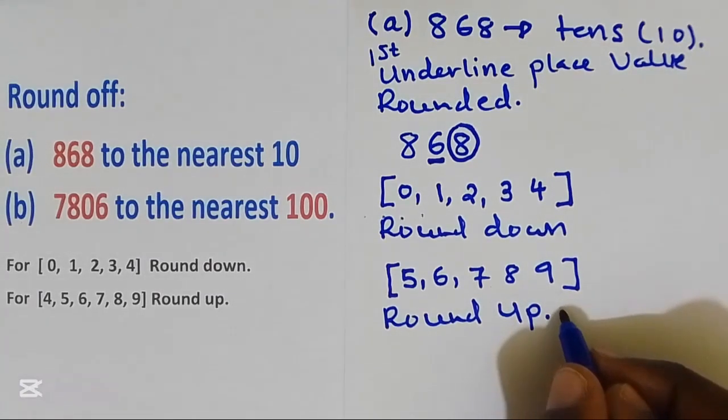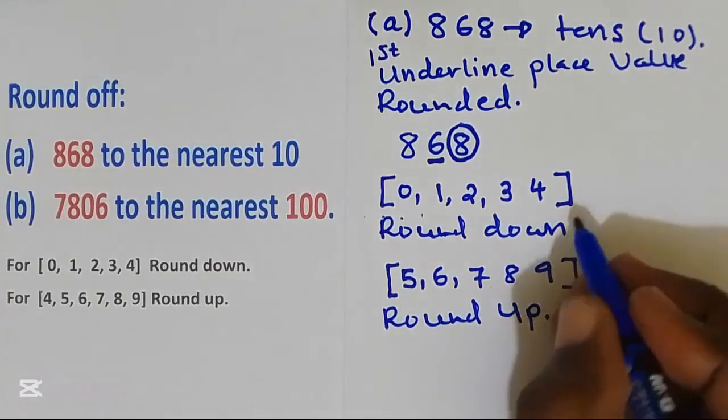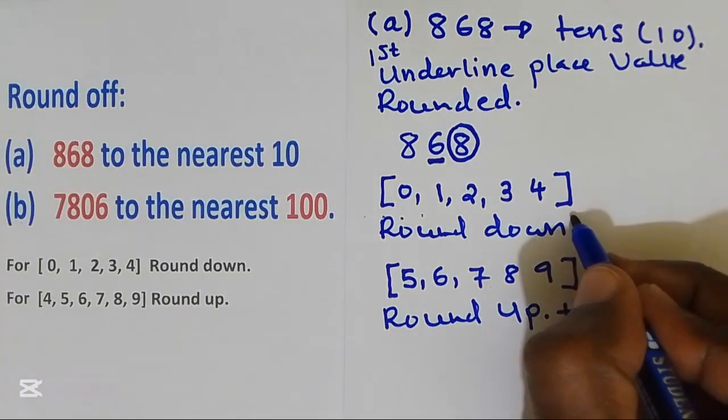In rounding up, we add 1 to the place value, and in rounding down, we don't add anything.